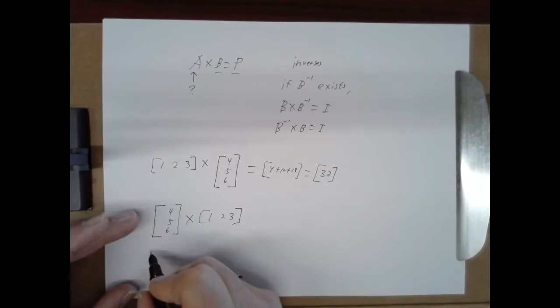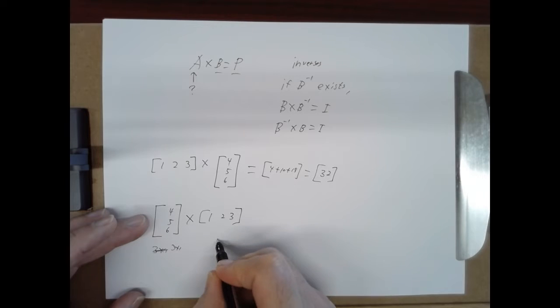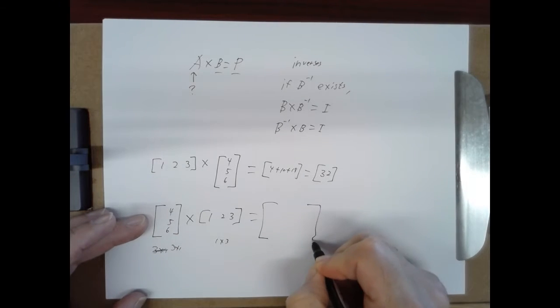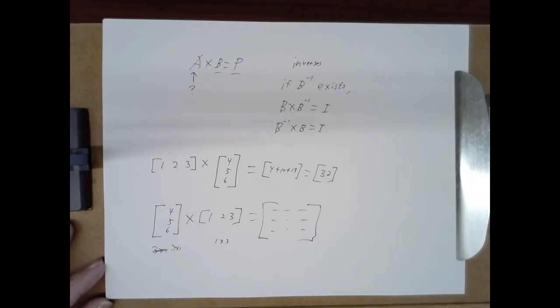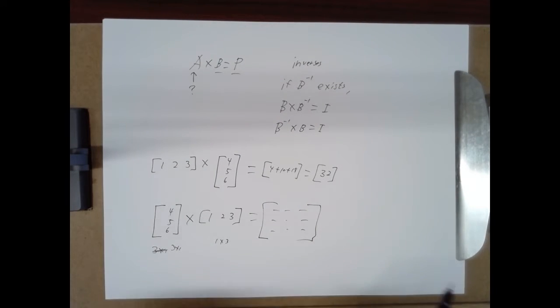Because this is a 3 by 1. Oh no, sorry, it does exist. This is a 3 by 1. This is a 1 by 3. We're going to get a 3 by 3 matrix. So switching the order in which we multiply not only gives us different matrices, it may give us matrices that have completely different dimensions, right? So multiplication is not generally commutative.